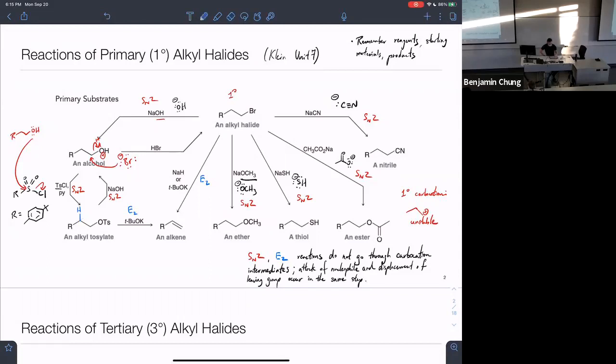And basically your base, which is tert-butoxide, abstracts that proton, which breaks that carbon proton bond and pulls electron density to make that double bond. And then we break the carbon leaving group bond. So we in fact also form tosylate.